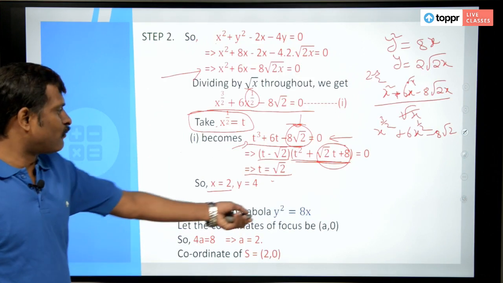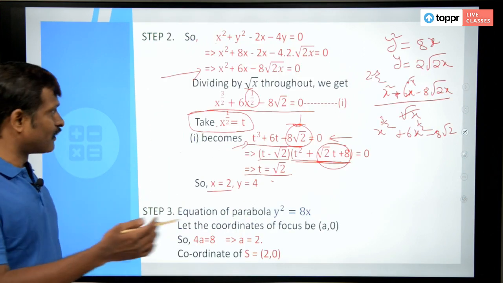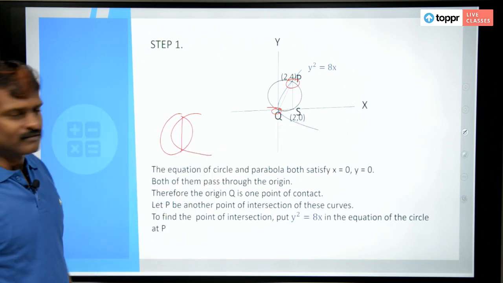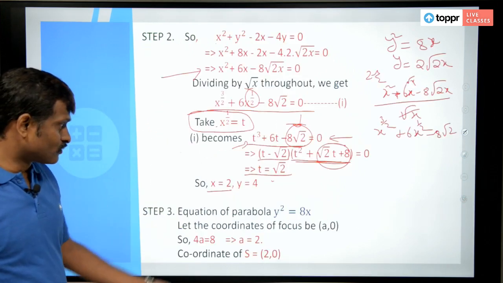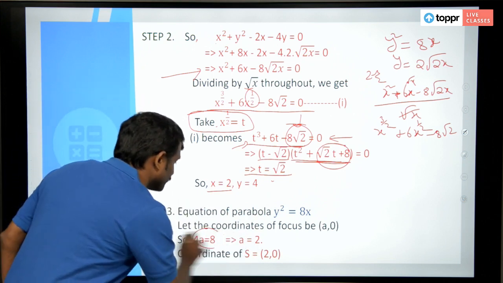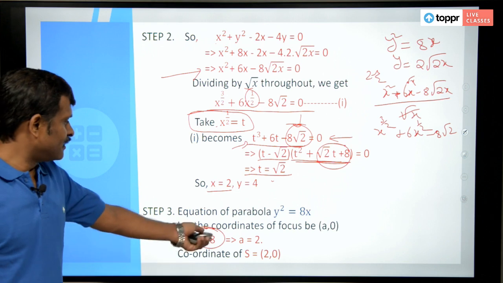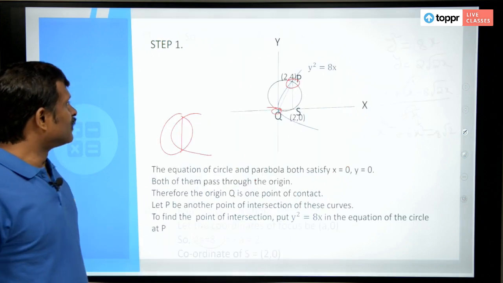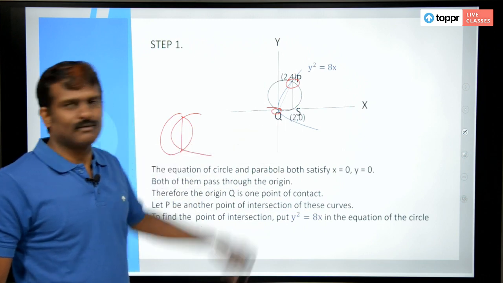So, I am taking the focus to be a comma 0, because this is on the x axis, the focus lies on x axis there. So, a comma 0, and since it is the focus, 4a is equal to 8, and you can easily say the focus is 2 comma 0. So, the point here is 2 comma 0.